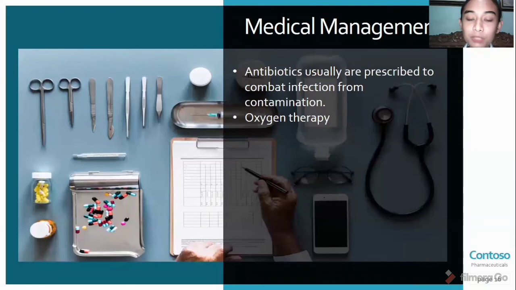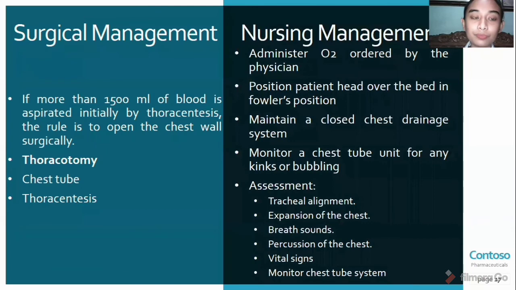Medical management: antibiotics usually are prescribed to combat infection from contamination, and oxygen therapy. Surgical management: the rule of thumb is that if more than 1,500 ml of blood is aspirated initially by thoracentesis, the rule is to open the chest wall surgically.